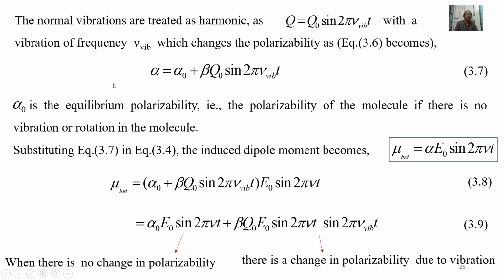The normal vibrations are treated as harmonic, as q equals q naught sine 2 pi nu vibration times t, with the vibrational frequency nu vibration, which changes the polarizability as equation 3.6 becomes alpha equals alpha naught plus beta q naught sine 2 pi nu vibration times t.